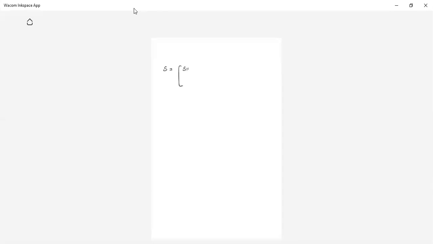We got S11, S12, S13, S14, S12, S22, S13 minus S14, S13, S13, 0, 0, 0, 0, S14 minus S14, 0, 0, 0. This is the S matrix we got according to the values which we derived now.